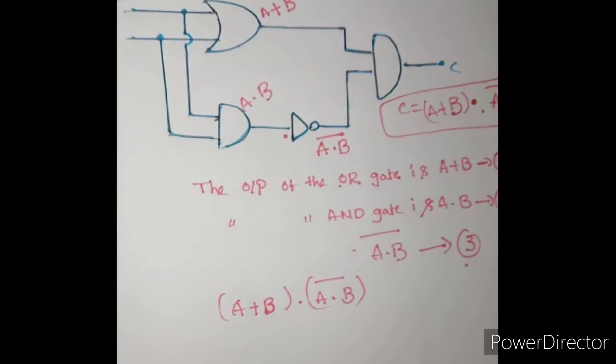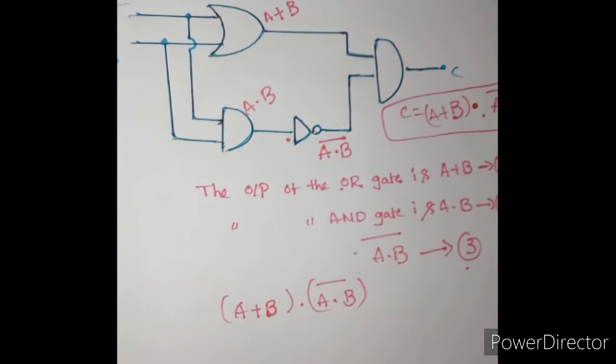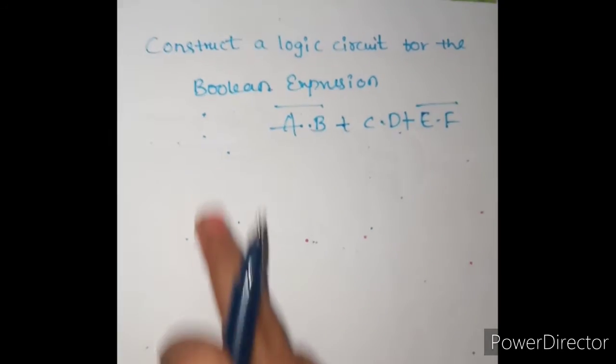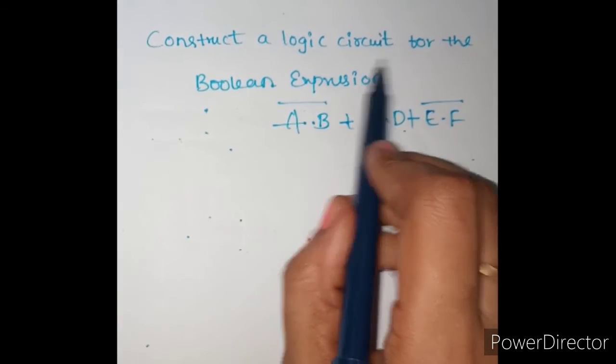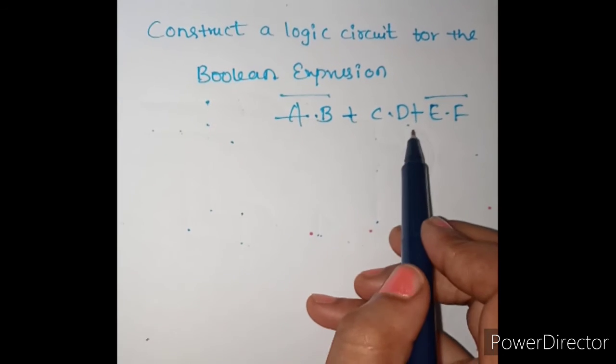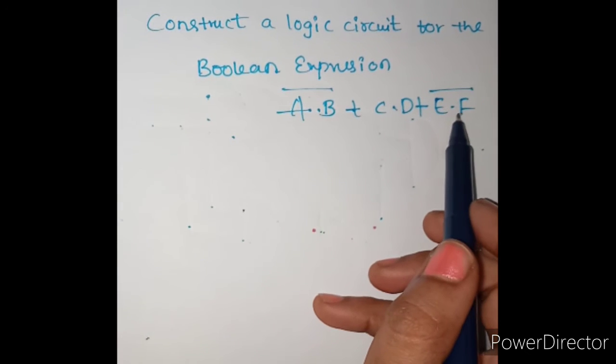I will explain one more example. See here, I am taking one example. Construct a logic circuit for the Boolean expression a dot b bar plus c dot d plus e dot f bar.